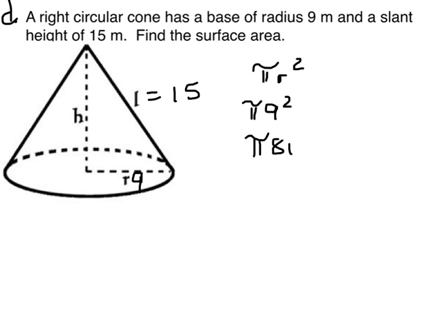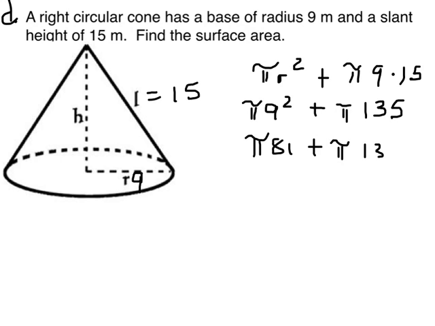And then we have to add pi times 9, the radius, times the slant height of 15, so pi times 15 times 9 would be 135. So pi times 135.